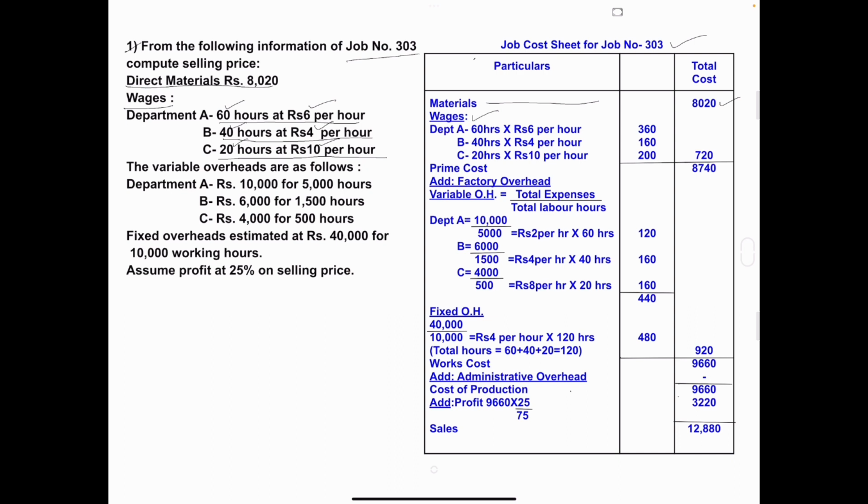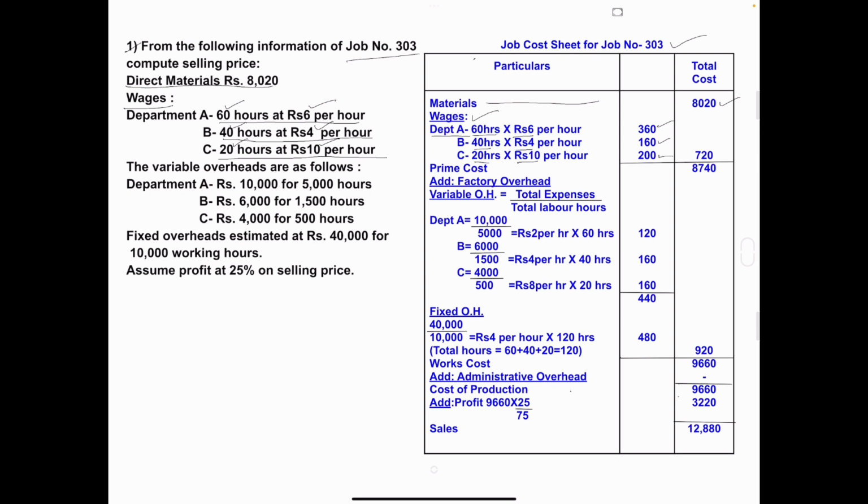Wages, in that first department A 60 hours into 6 per hour. 60 into 6 is 360. B 40 hours into rupees 4 is 160. C 20 hours into rupees 10 and the amount is 200. So department A wages total amount is 360, B 160 and C 200.